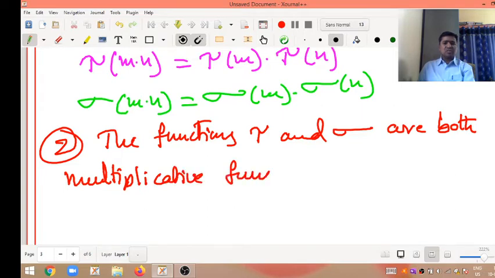We all know that a multiplicative function means f is from natural numbers to complex numbers, such that if you choose two integers in the domain that are relatively prime, then f of m1 into m2 is equal to f of m1 into f of m2. Then that function is said to be a multiplicative function. Here we are saying both tau and sigma are multiplicative functions.